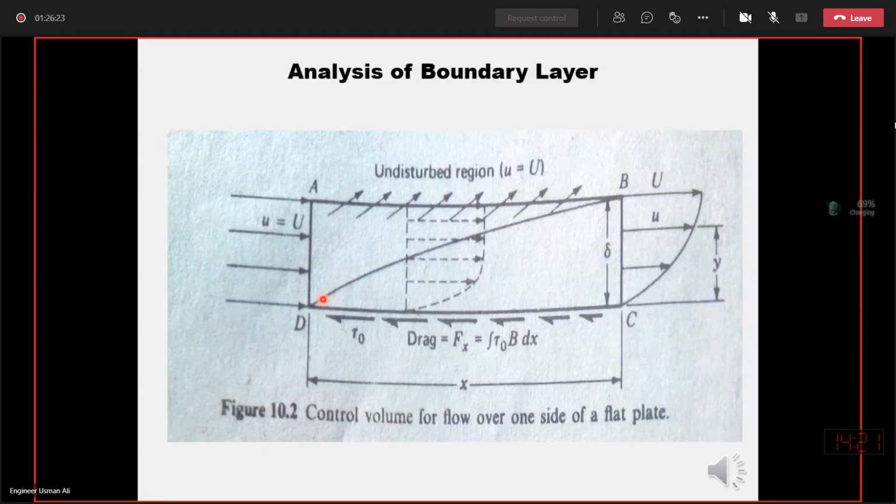The surface DC is a fixed solid surface of the plate, so there will be no flow across it. We have three surfaces to consider: DA, AB and BC. These are the surfaces along which flow rate and momentum transfer take place.